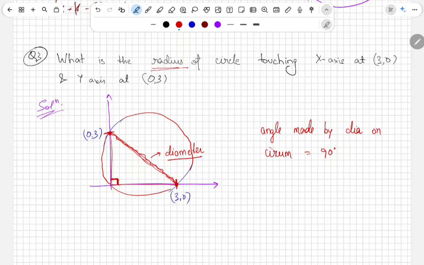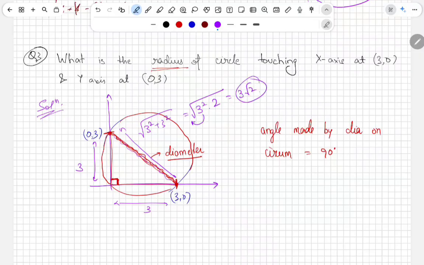It is very simple. Do one thing, calculate the length of this diameter. Base is 3, perpendicular is 3. So diameter is going to be under root of 3 square plus 3 square. That will be 3 square into 2 whole under root. This 3 square will come outside root as 3 and it will be root 2. So diameter is 3 root 2.